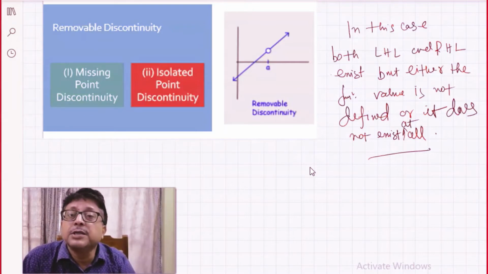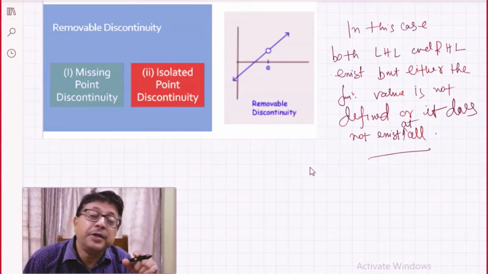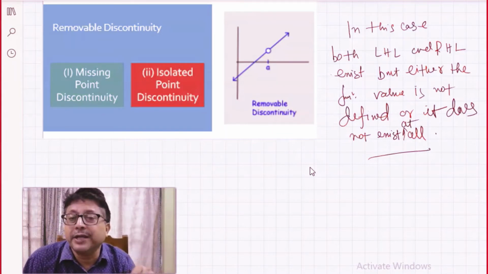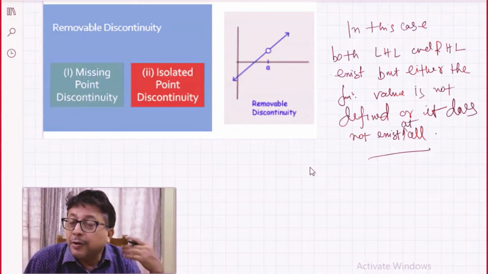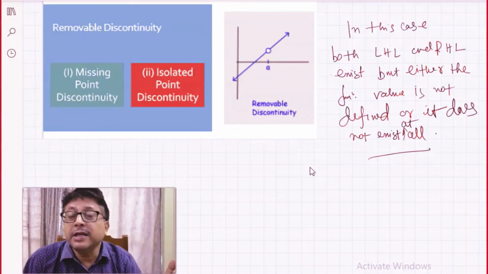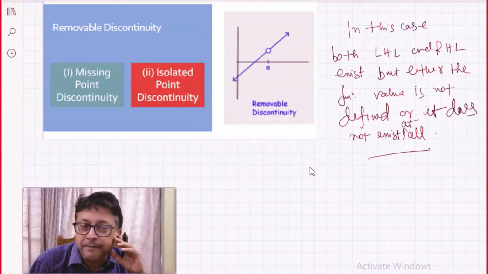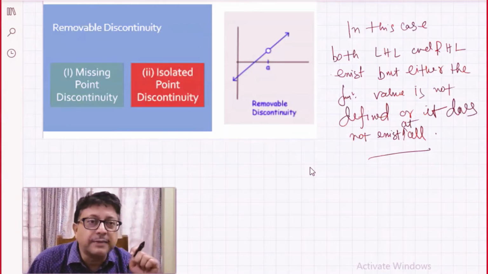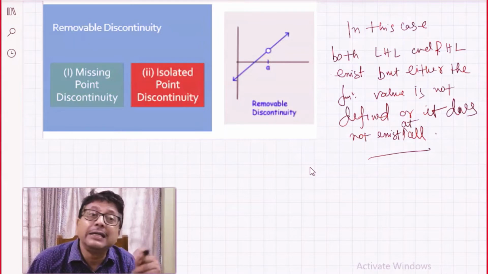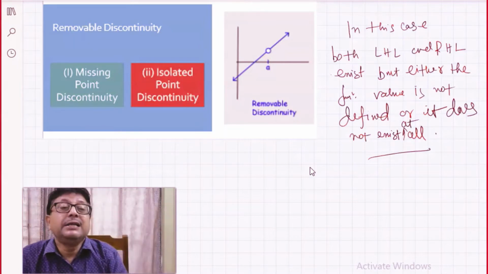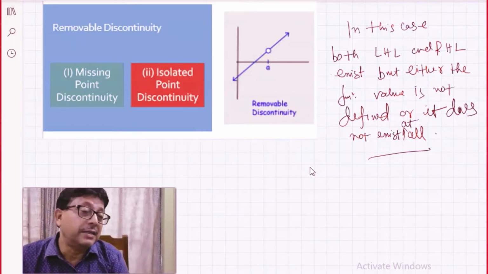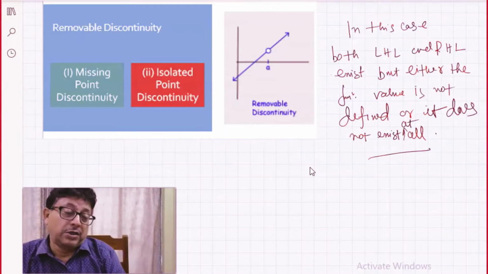It means we can change the condition of functional value part, and then you can write, we redefine the function to make it continuous. That will be continuous extension of a function when we redefine that. Okay. So based on this concept, where both LHL and RHL exist, and either the functional value exists or not.